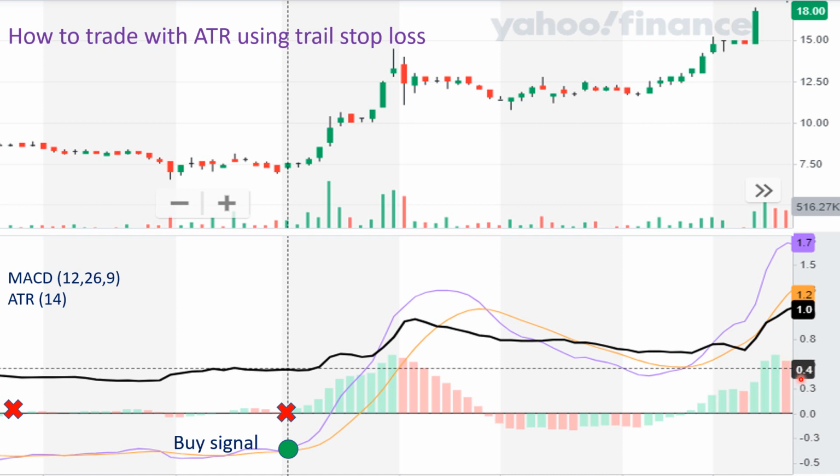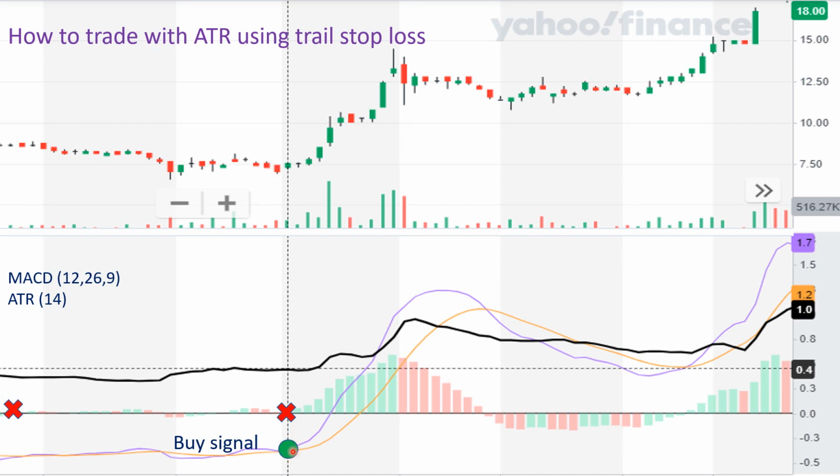So we double this 40 cents to 80 cents, that's 2 ATR, and we set our stop loss 2 ATR below the entry of this candle. The entry of this candle is $7.50, so 80 cents below the $7.50 makes it $6.70, and this is going to be used as a stop loss.